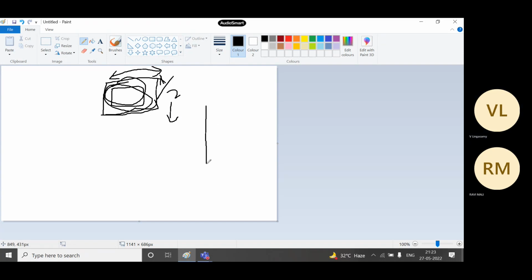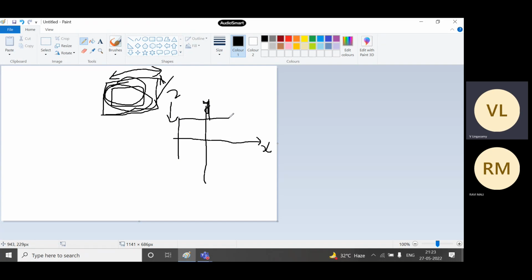So you have the x axis and y axis. You have an array of this size, and you have to place the elements. The first element you keep like this, then the second element and so on, and on the left you take a mirror image.